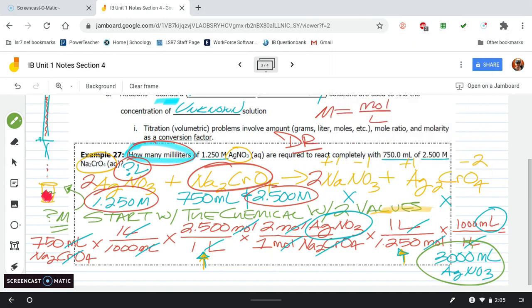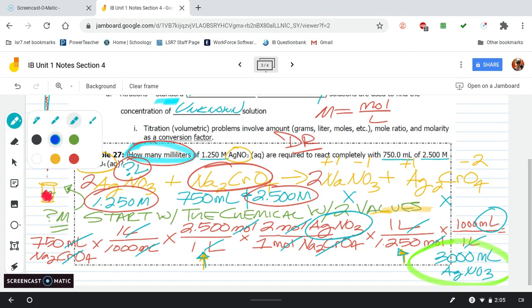Before we move on, we've got our answer over here. 3,000 milliliters of the silver nitrate. That is only 1 sig fig, but we'll be okay for now.